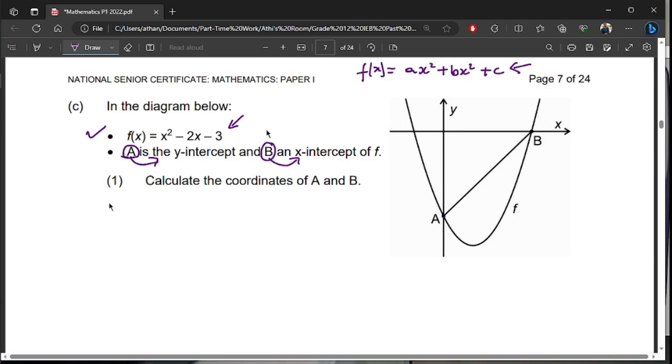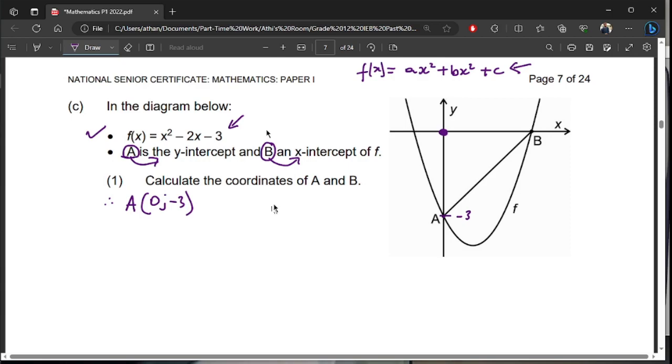Now, just to write the coordinates of A, the x value is equal to 0 right there, and y will become -3. So the coordinates for A will be (0; -3). You get your mark there.